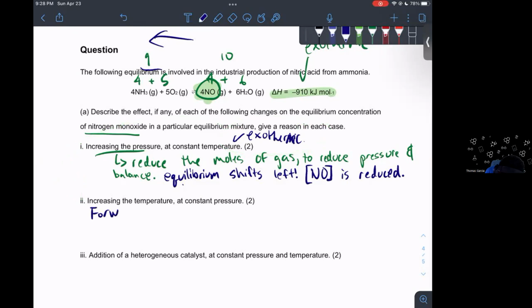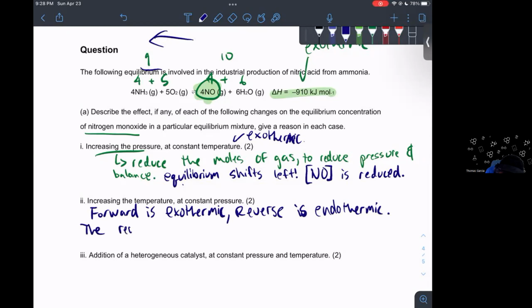If forward is exothermic, then reverse is endothermic. The reaction shifts left to use heat. Concentration of NO is reduced. And done.